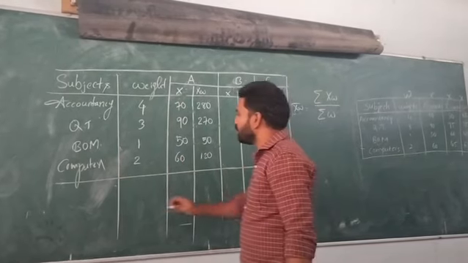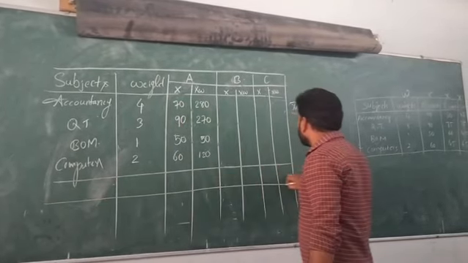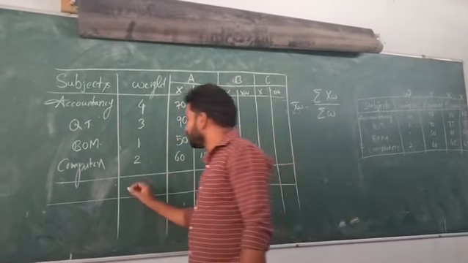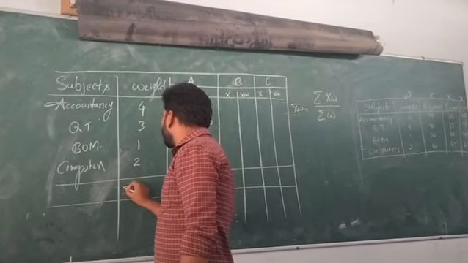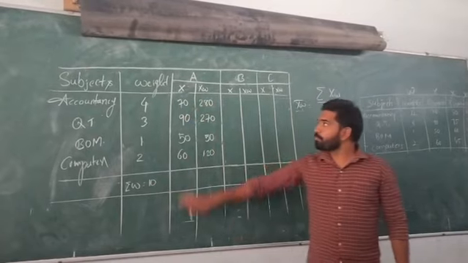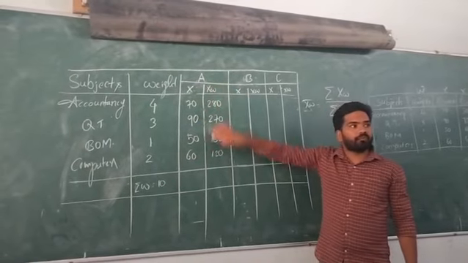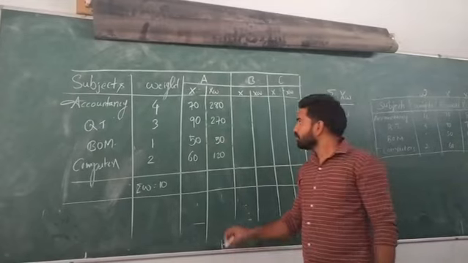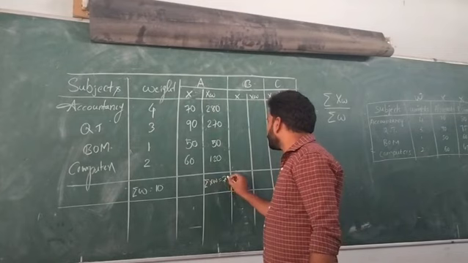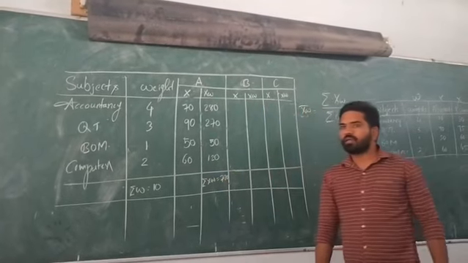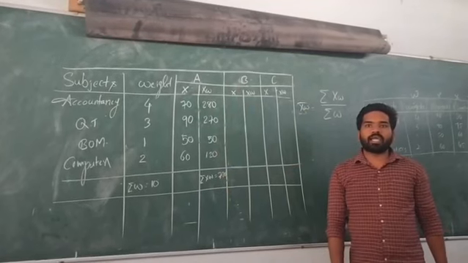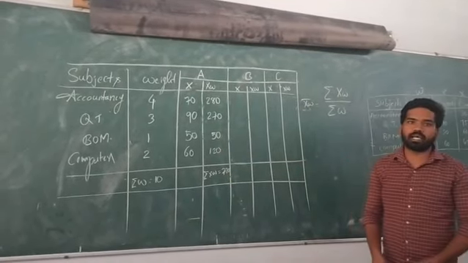Now find the total weight. Sigma W equals 10. Now find the student A weighted marks, 720. Sigma XW equals 720. Okay, so by following the student A sum, we have to find the average.